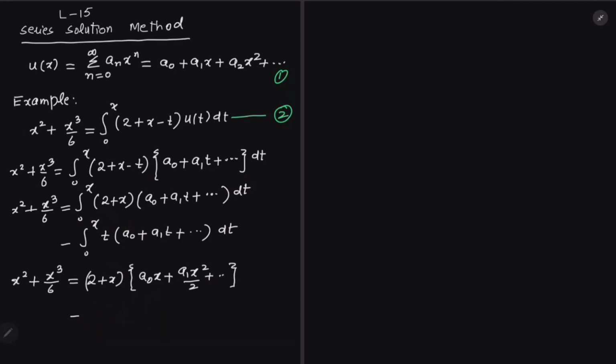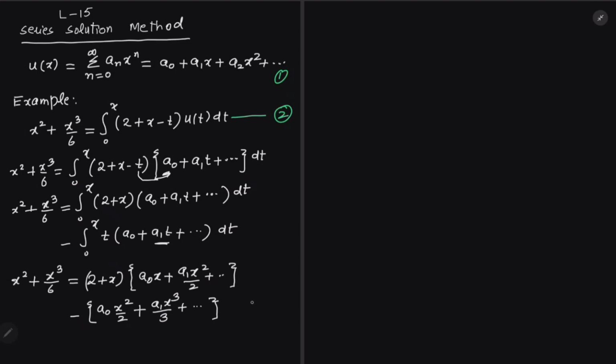So we have a naught x squared by 2, plus the second term we have a1 t square, and we have a1 t cubed by 3, but then with upper limit x we have x cubed by 3, and so on. That's why I kept only two terms, since I knew that we need to multiply this t with the whole infinite series.